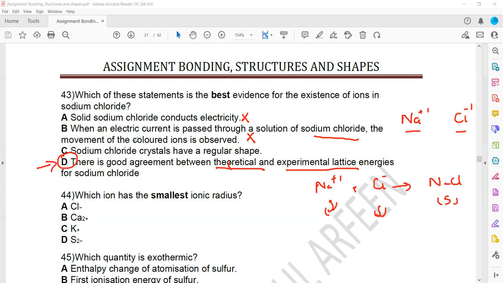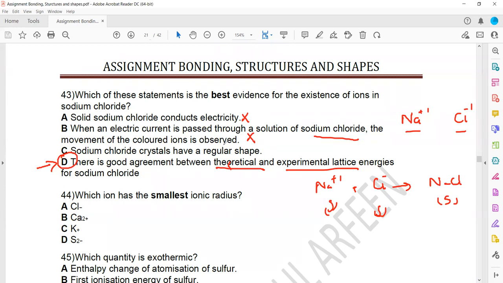Is it clear? Question 43. Any doubt in this? So why is it not C? C also has crystals, ionic compounds. But the thing is, sodium chloride crystals have a regular shape. For example, diamond is also having a regular shape.